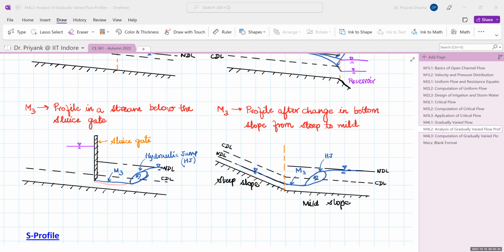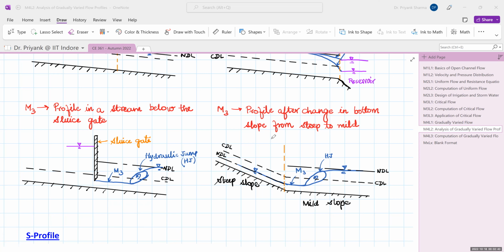Then a hydraulic jump will be formed because it has to overcome this critical depth line, and then it would join the normal depth line. So that way your flow profile can be traced, and this is your M3 profile, and this is accompanied by a hydraulic jump because it is a transition from supercritical to subcritical flow.